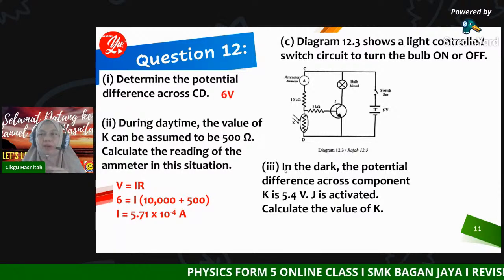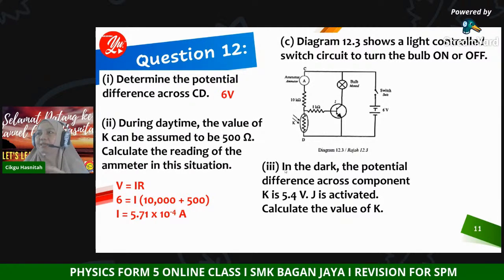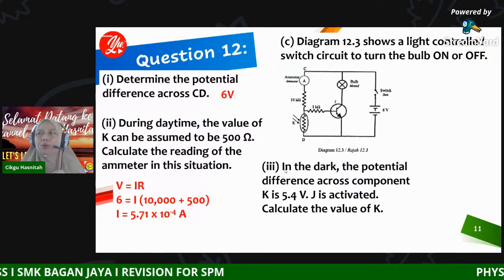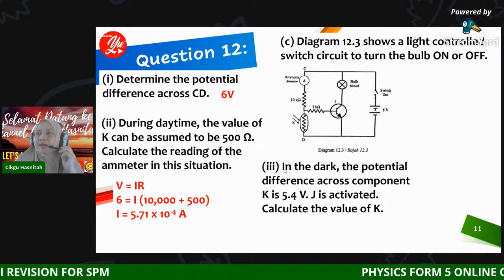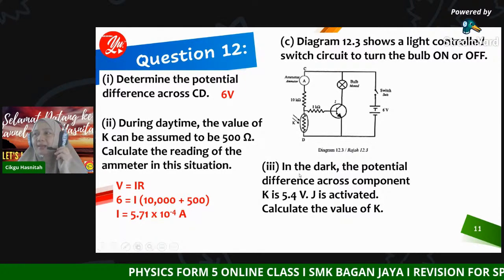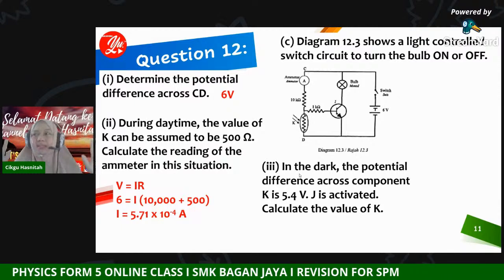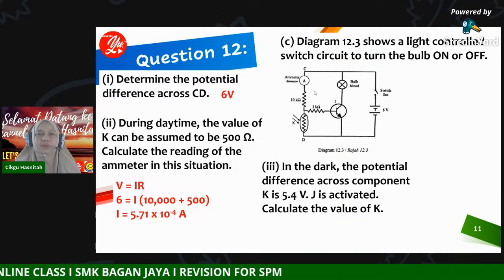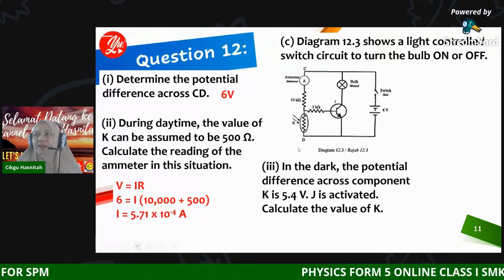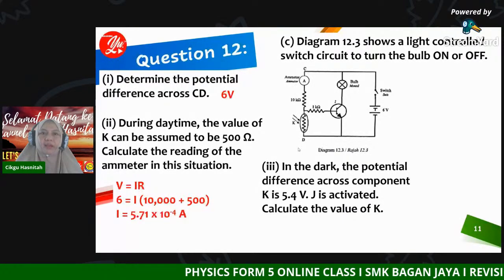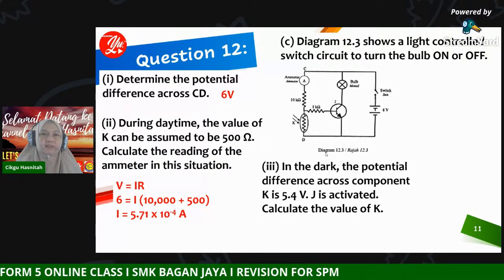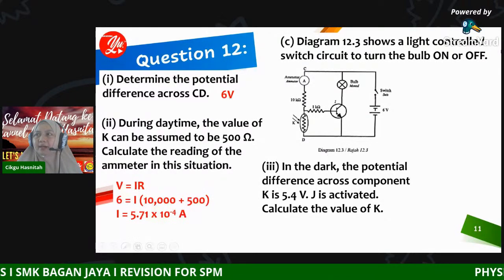So this is the statement you are given: calculate the value for K. Now you are given a new situation in the dark, meaning at night, or when the surrounding is dark. The potential difference across component K is 5.4 volt, and J is activated. So J is the transistor.